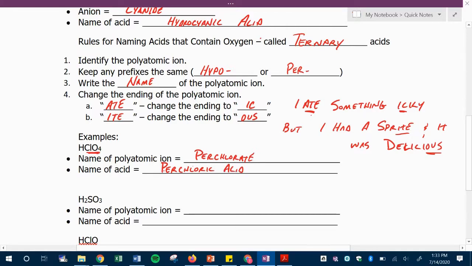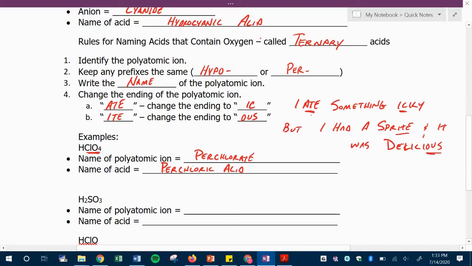That's the big difference between the two systems: if there's hydro involved, it's just hydrogen and one other element, but if there's no hydro, then it's coming from a polyatomic ion.